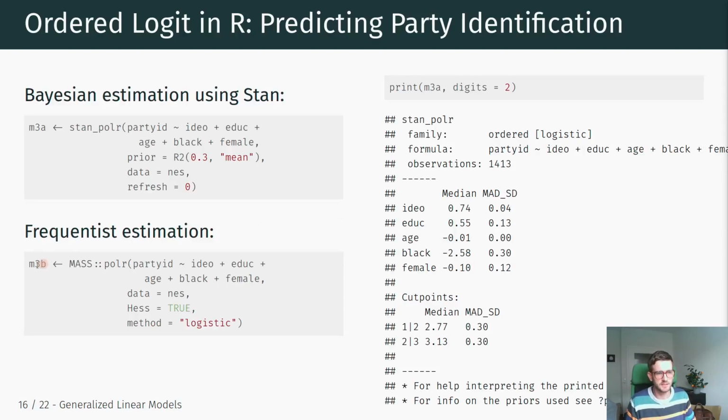Again, you can check the frequentist estimation and see that it is basically equivalent if we're using standard priors. Okay. Of course, we can just think about the direction of the coefficients if we want to interpret these ordered logistic or ordered probit results.